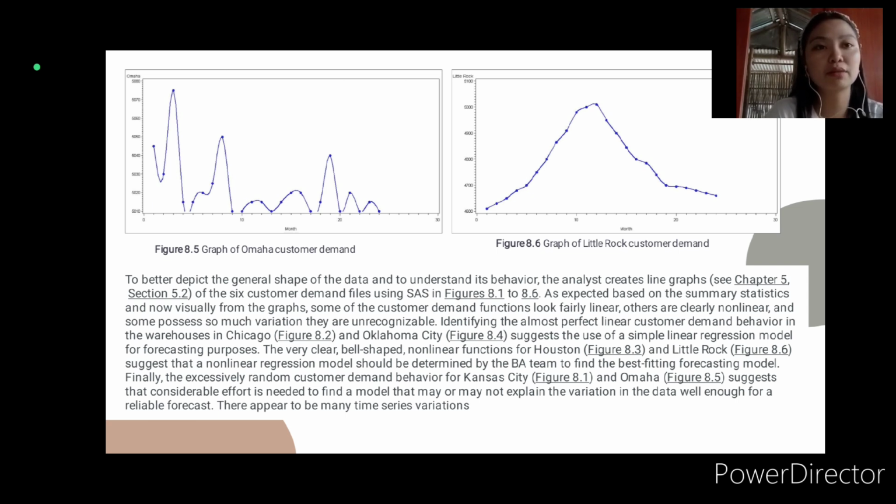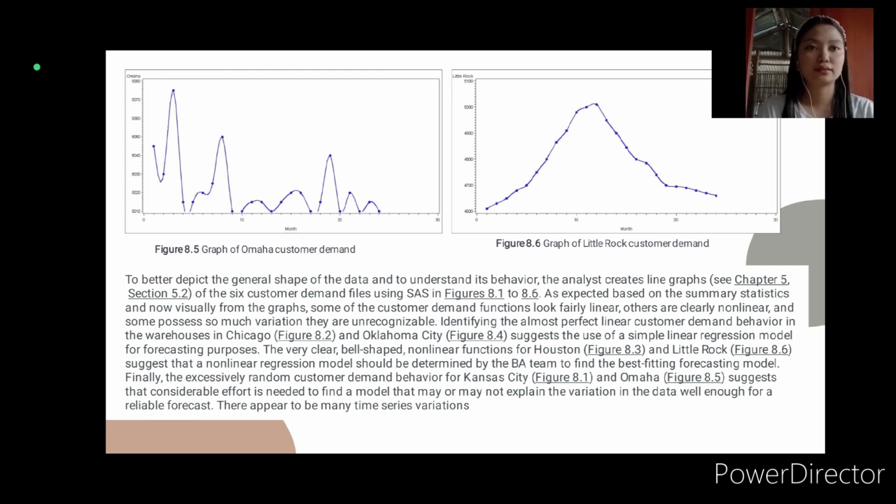'Di ba, hindi naman natin maintindihan kung ano yung pagkaka-linear ng graph niya. At ang pagtuklas ng halos perpektong linear ay napag-uugali ng demand ng customer sa Chicago 8.2. Yun nga yun, yung graph na to na 8.2 ay makikita natin dyan na maayos naman yung kanilang data. Kasi makikita natin 0 hanggang mapapunta sila sa mataas na rate.